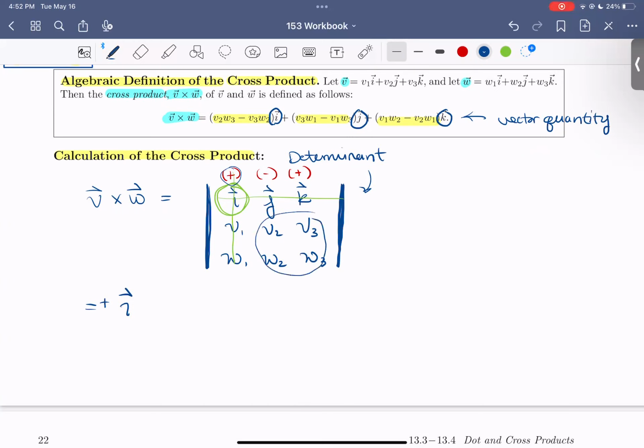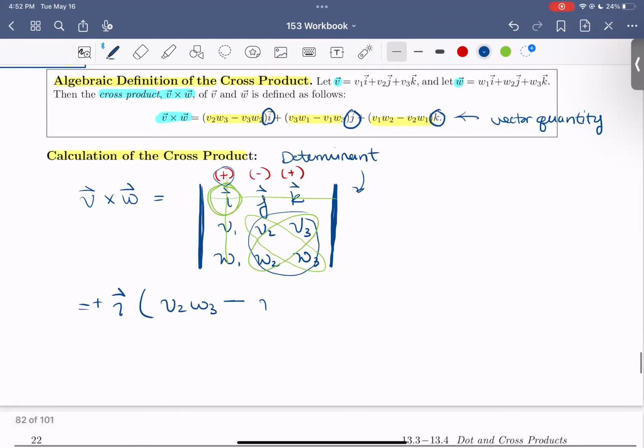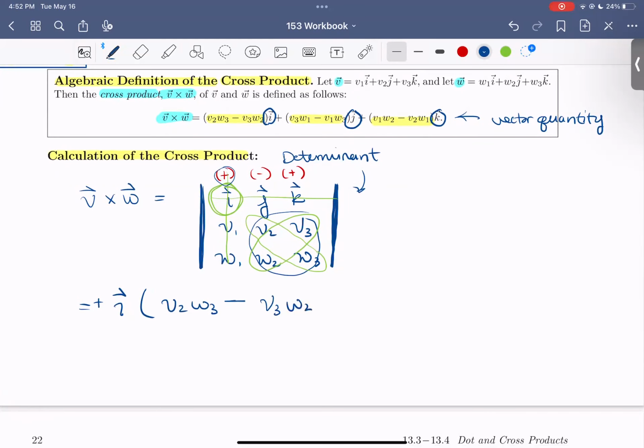Left in our array of numbers is v2, v3, w2, w3. We multiply the diagonals, v2 w3, and write that next, then subtract the product of the other diagonals. So I'm going to subtract v3 w2. That is how I take care of the first row and column.